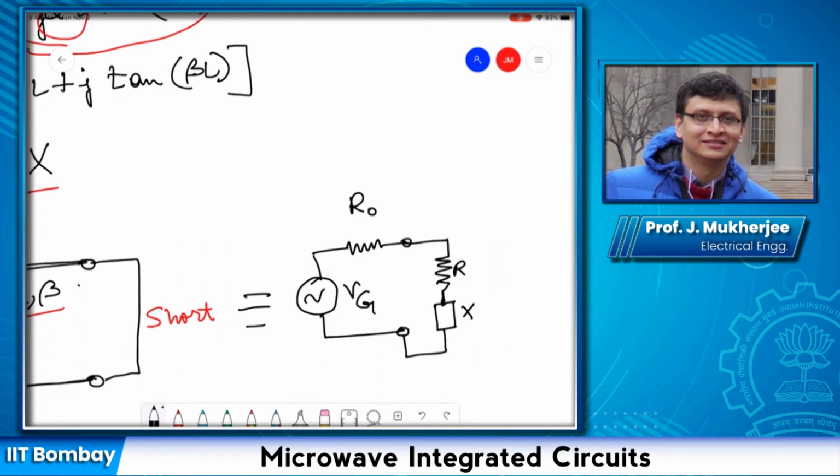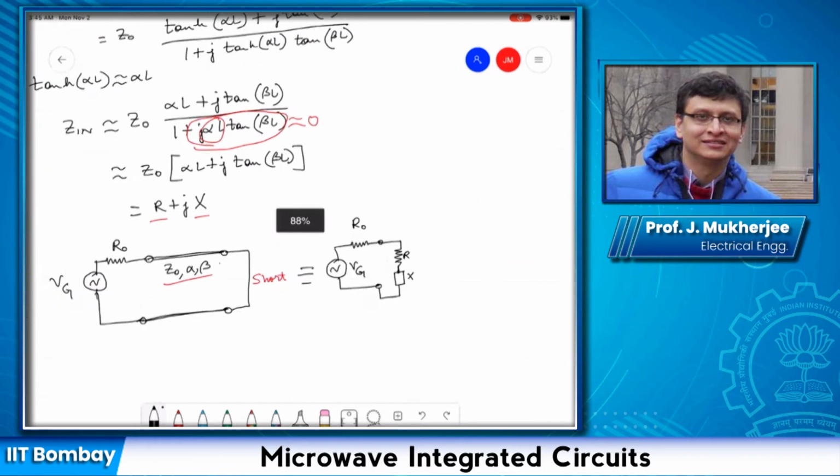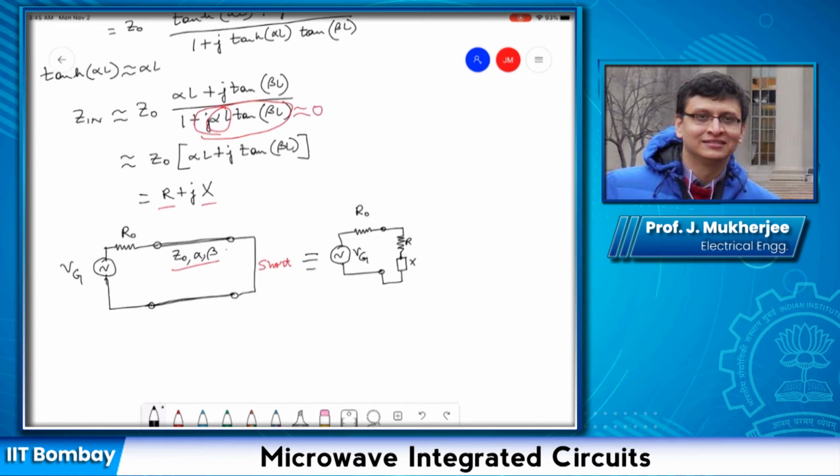Okay, so coming back, once we have established an equivalent series circuit for this low loss transmission line, let us try to find out the various Q factors.